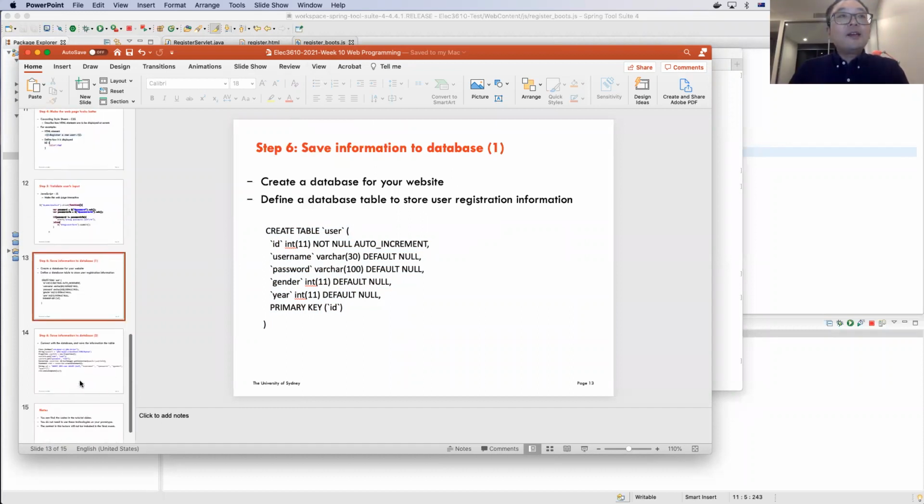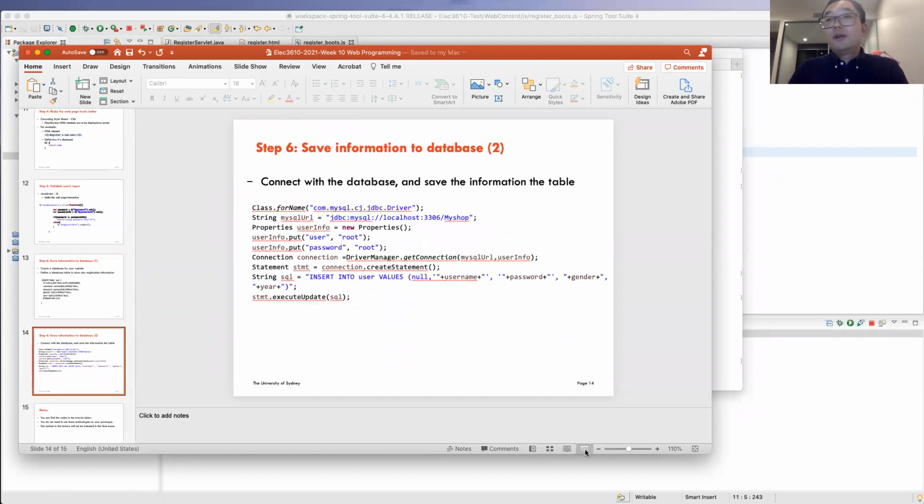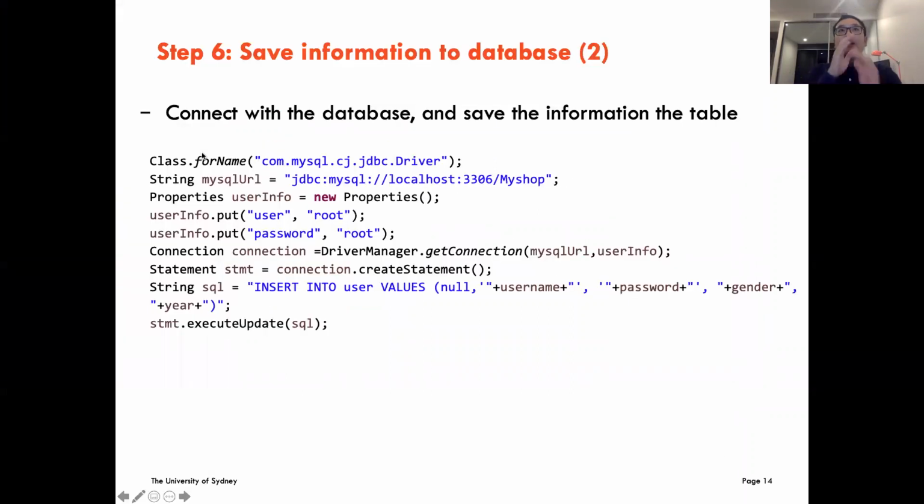And the second step is we need to connect. Like in the processor, remember that? We only received the information and sent some feedback to the user. We didn't connect with the database. Now we need to do that. We need to connect with the database and save the information to that particular table.